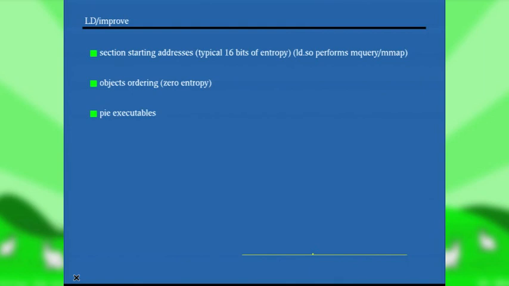And another interesting measure to improve the randomization of dynamic binaries is randomizing the actual binary, because all this randomization that we were talking about before was only done to the libraries. So if we have an actual binary, it's still at a fixed location, and guessing addresses is very easy because it's always at the same place.